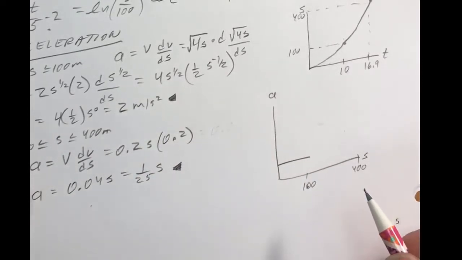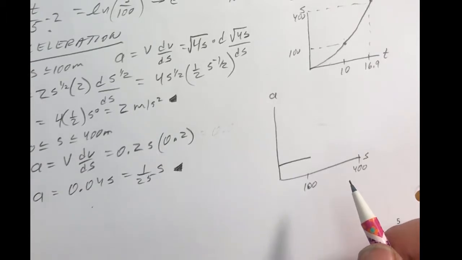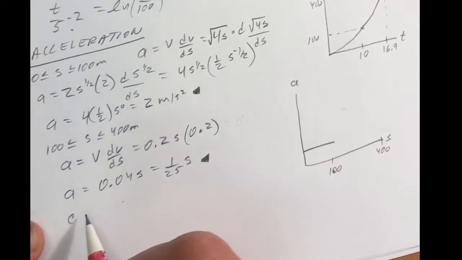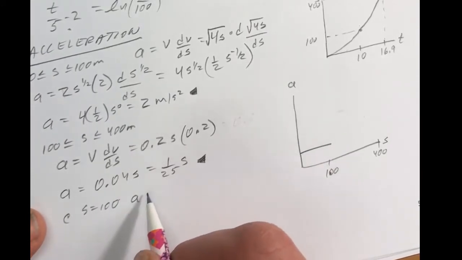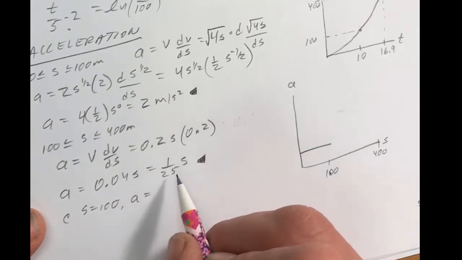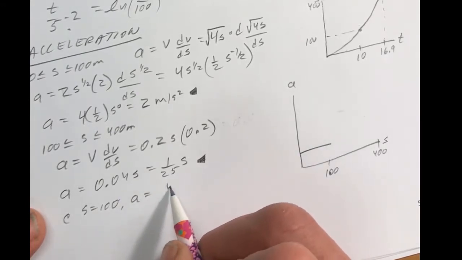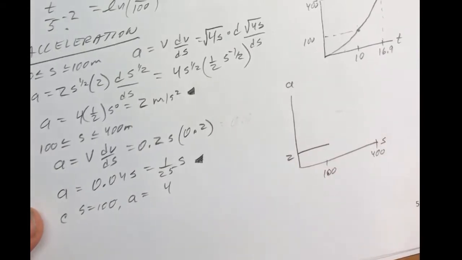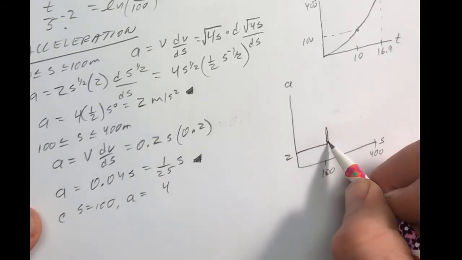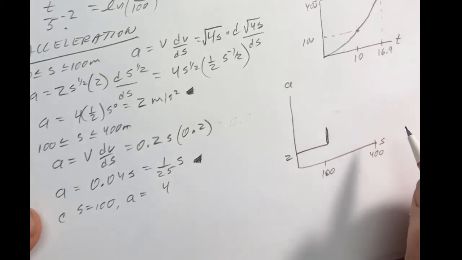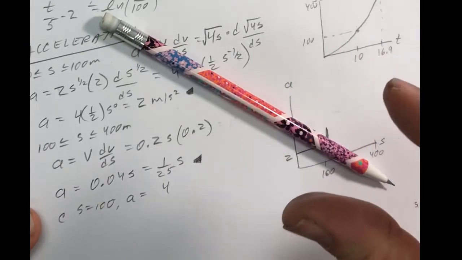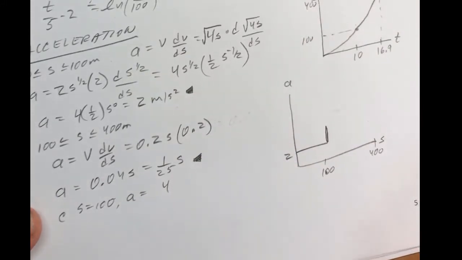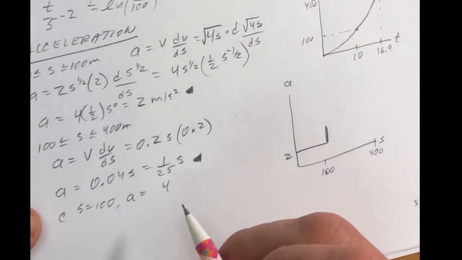It's constant. And then what does it do at s equals 100? Even though it's only 2 here, acceleration can change instantly. Velocity can't really. It's stuck to the mass, but acceleration can change instantly, just like this. As soon as I drop the pencil, acceleration is instantly negative 9.81, but velocity is still 0.